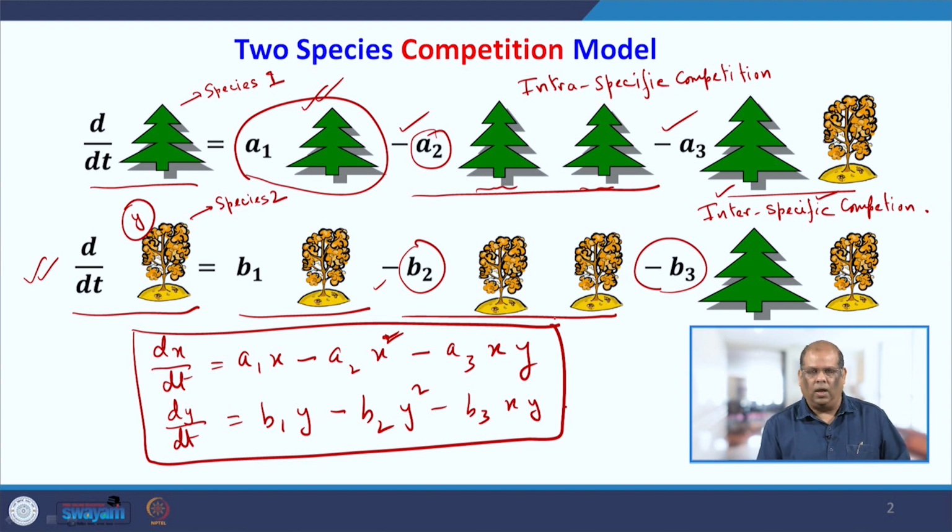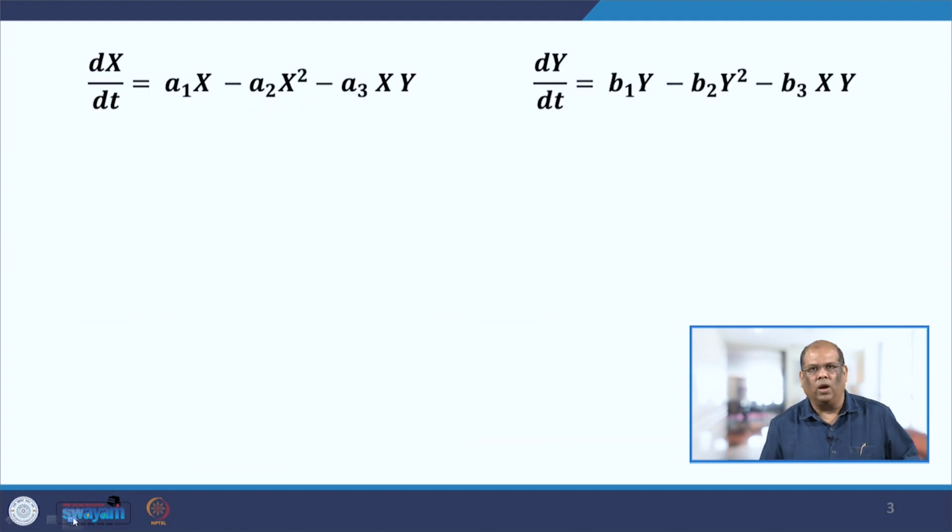Now, let us do a little analysis of this. We have these two variables x and y; they are the numbers, or they can be the densities. Generally, we take them as the densities. The very first thing that you have to do is find the equilibrium solution, and for that you put this equal to 0 and this equal to 0.